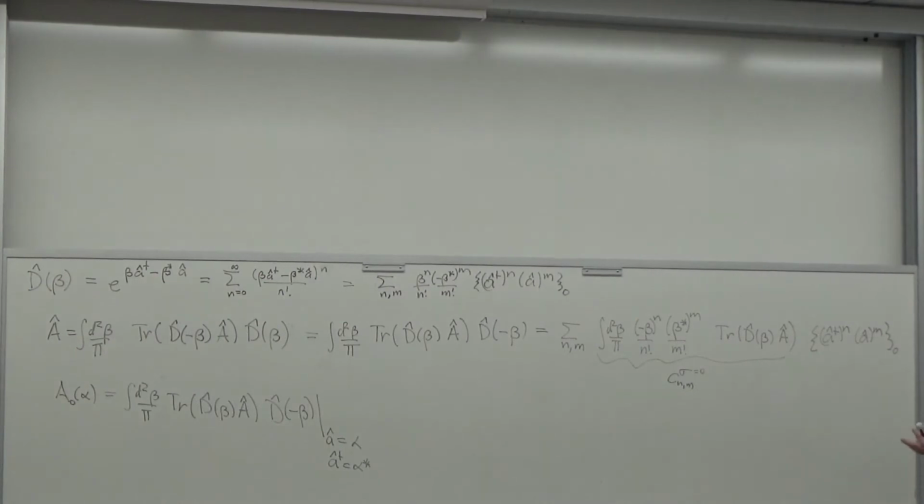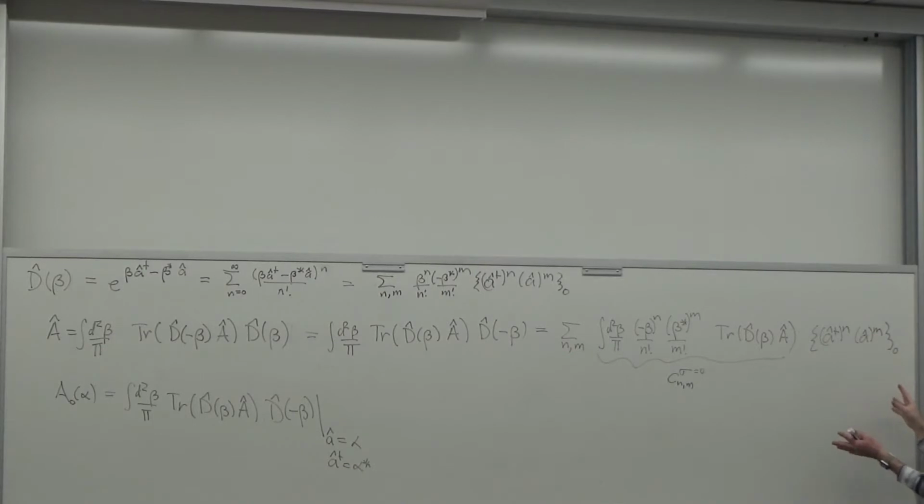So all I did here is, as we said, we get the operator ordered representation by doing the power series and setting the A daggers to alpha stars and the A's to alpha.